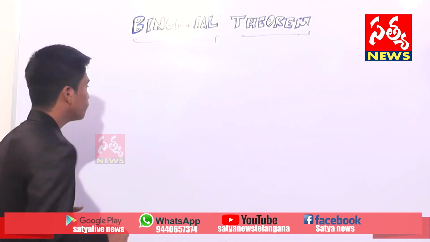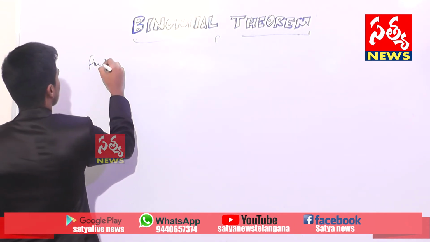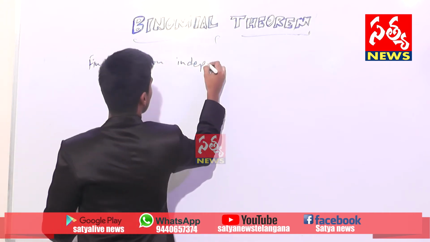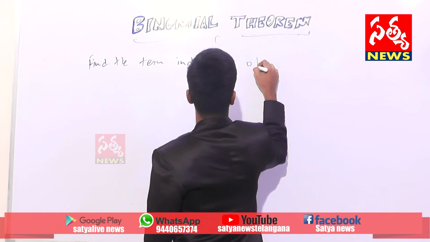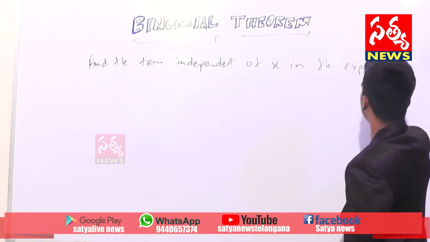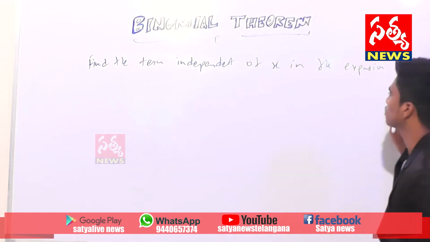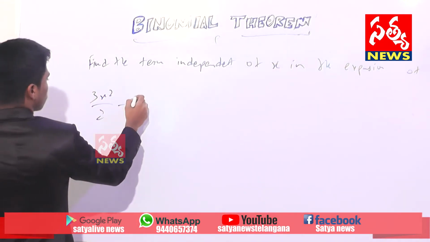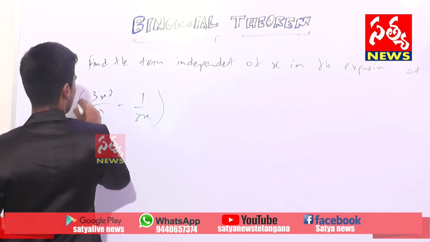Let's do one more problem. Find the term independent of x in the expansion of 3x square by 2 minus 1 by 3x whole power 6.